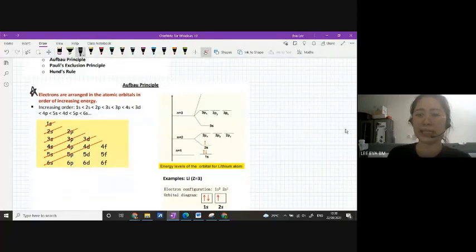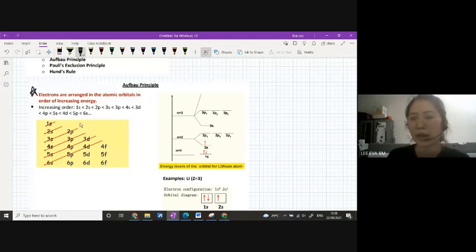But the easiest way is to write down the sequence like this. Write the sequence 1s, 2s, 3s, 4s, 5s, 6s. Then start from p: we have 2p, 3p, 4p, 5p, 6p. Start from 3, we have 3d, 4d, 5d. Start from f, we have 4f, 5f, 6f.